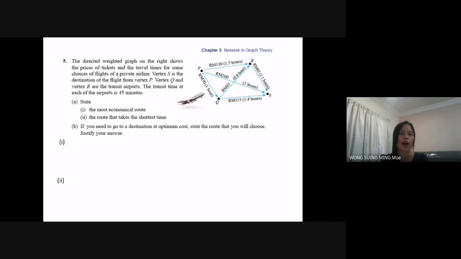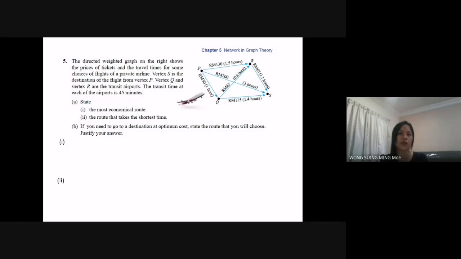Question number 5. The directed weighted graph on the right shows the price of ticket and the travel times for some choices of flights of a private airline. Vertex S is the destination of the flight from vertex P. Vertex Q and vertex R are the transit airports.